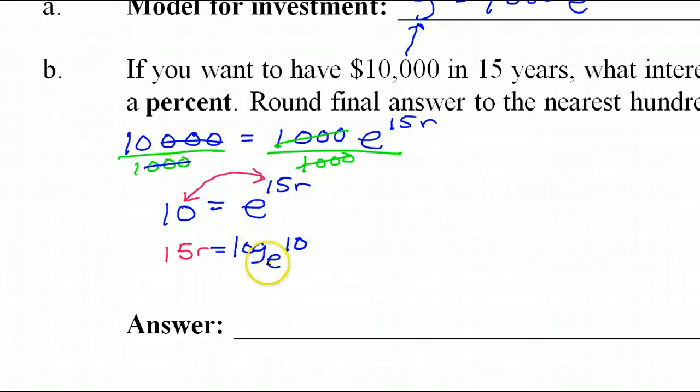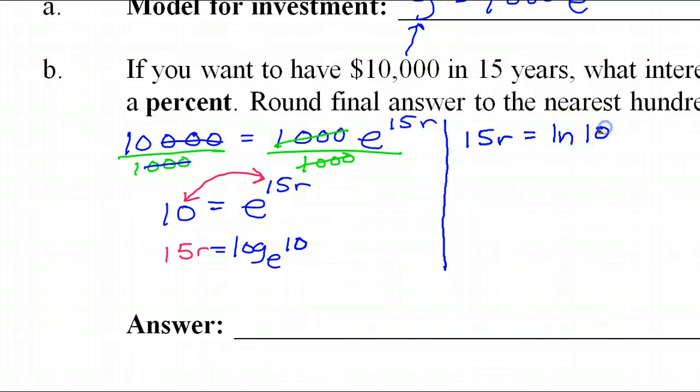Now, we don't really write log base e. That is natural log. So we should do 15r equals natural log 10.